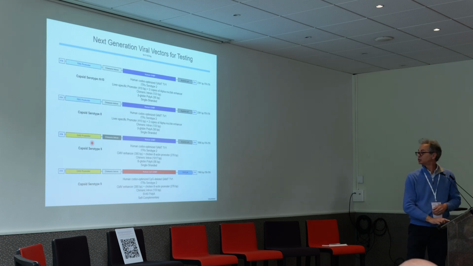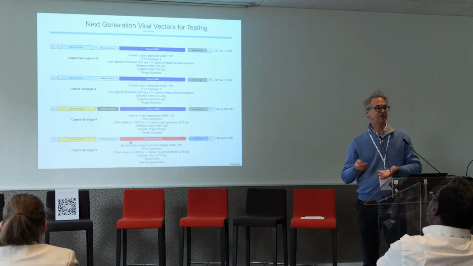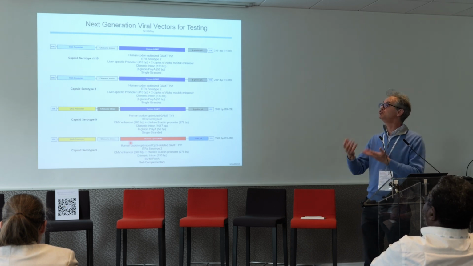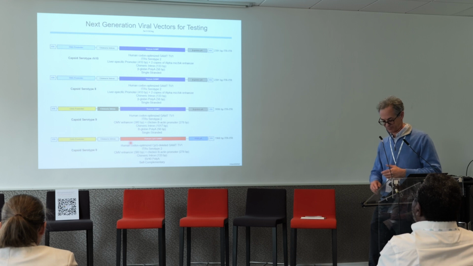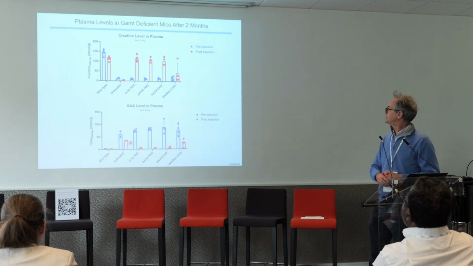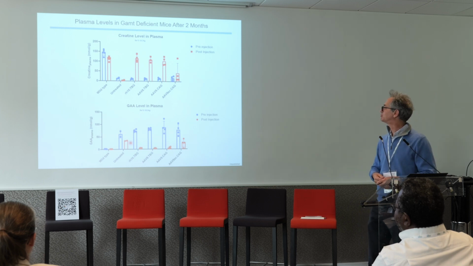And then in the last one here, we've had a similar promoter, but we've changed the GAMP gene. We've tried to improve its expression by making some changes within it itself. And we've started to study these again as our second generation approach.